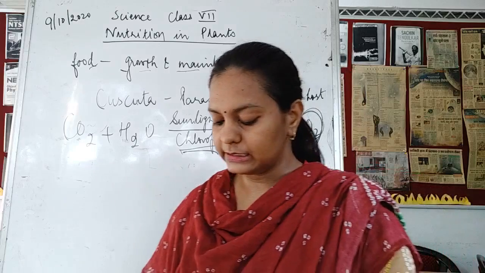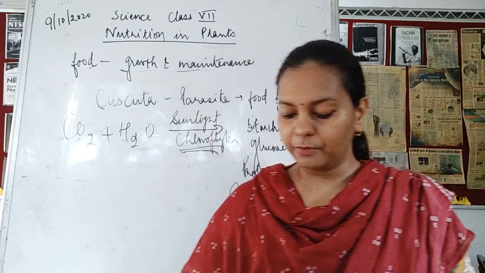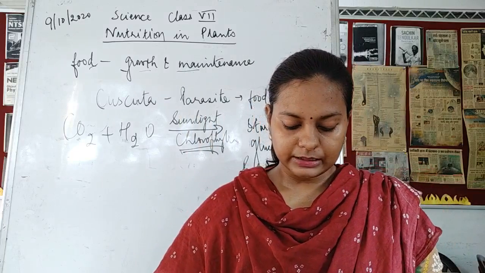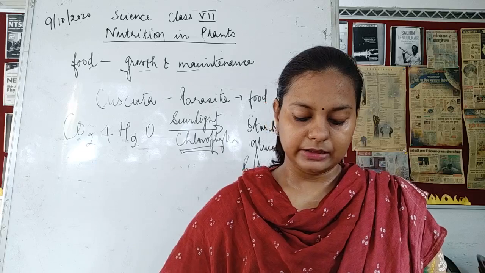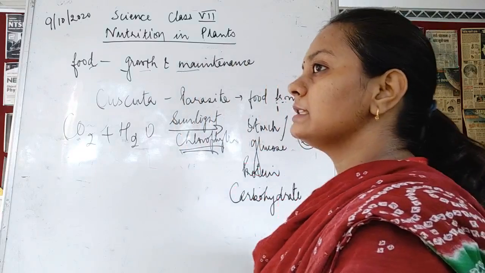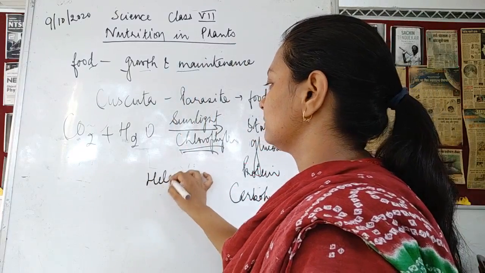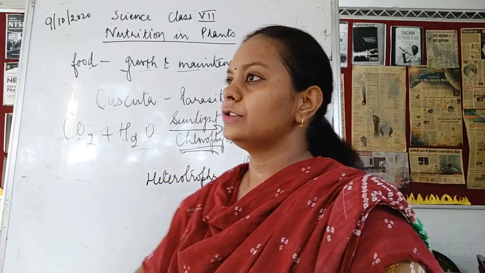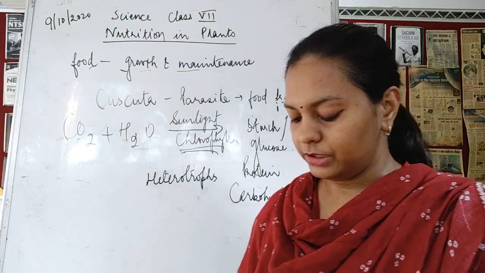Okay children, then next is, a few plants and animals are dependent upon others for their nutrition and are known as heterotrophs. So if a few plants or animals are dependent upon others for their nutrition, that is said to be heterotrophs, because they are taking up the nutrition.